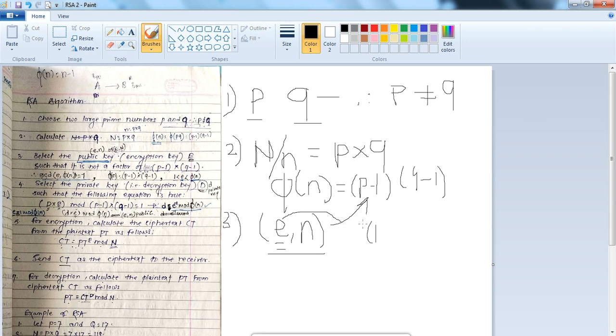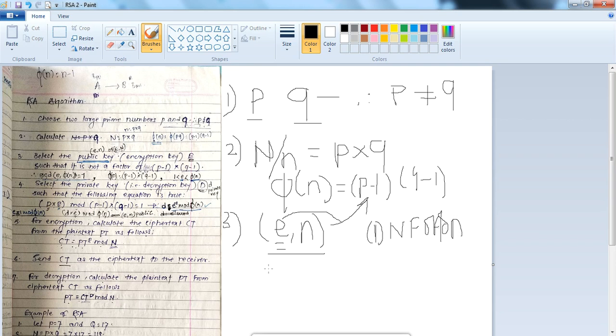One rule is that e is not a factor of phi of n, okay? Once again, select the public key that is not a factor of phi of n.